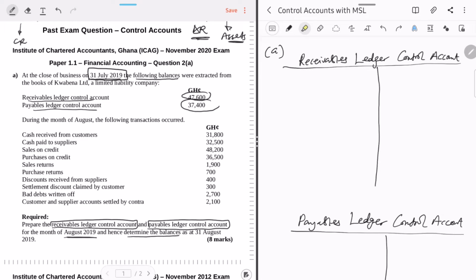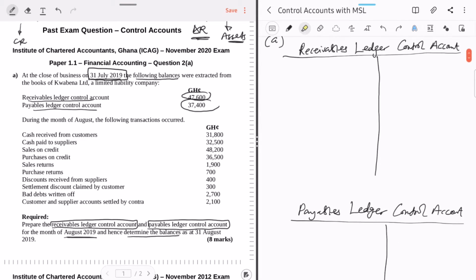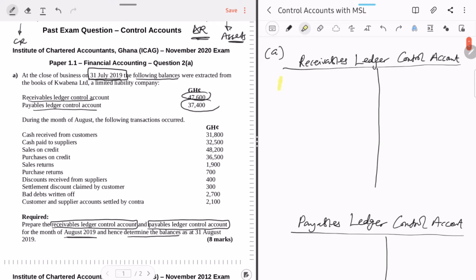If we have established that the receivables ledger control account will have a debit balance and the payables ledger control account will have a credit balance, then let's call the balance brought down of the receivables ledger control account, the balance of 47,600. So let's put the 47,600 on the debit side because the receivables ledger control account has a debit balance.